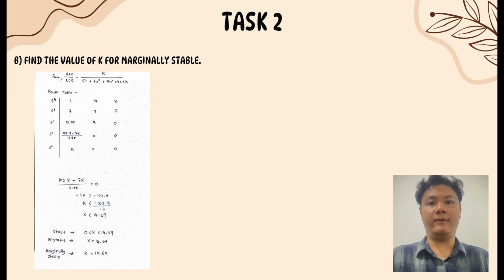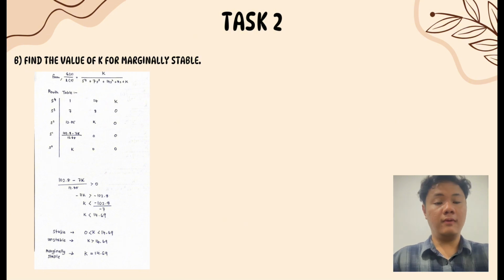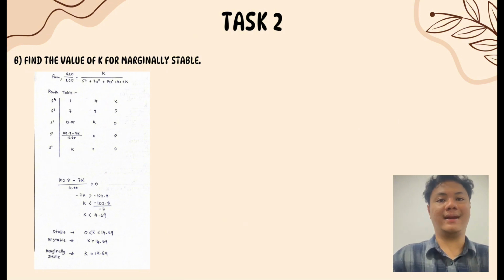Then we move the value of 7K, leaving the K on the left side. Then we got the last value: K is smaller than 14.69, which is the value of marginally stable. For stable, K is greater than 0 and K is less than 14.69. For unstable, K is over 14.69.